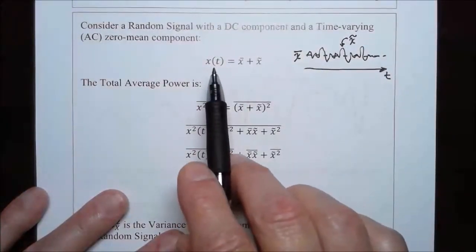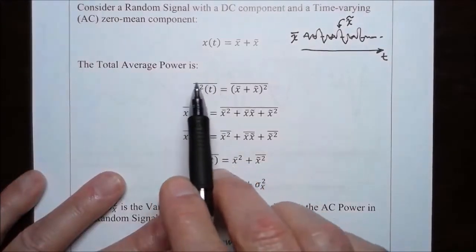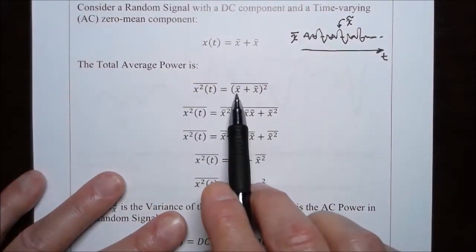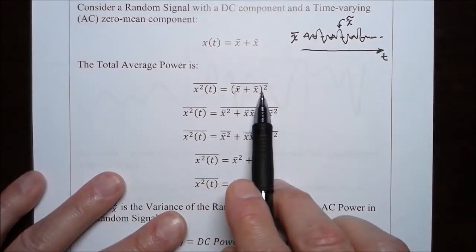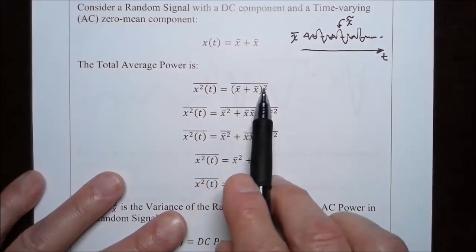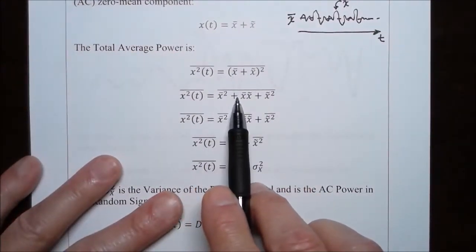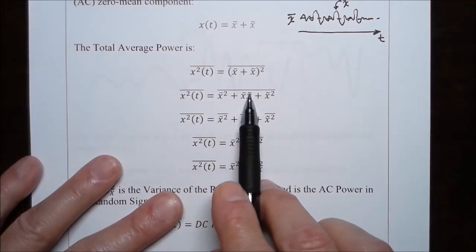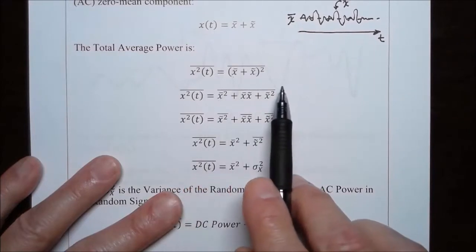If we want to find the total power in this random signal, we square the signal and then take the time average. So I'm taking the signal, x bar plus x squiggle, squaring that sum, and then taking the time average. When we square this term in parentheses, we get x bar squared plus x bar times x squiggle plus x squiggle squared, and then we time average everything.